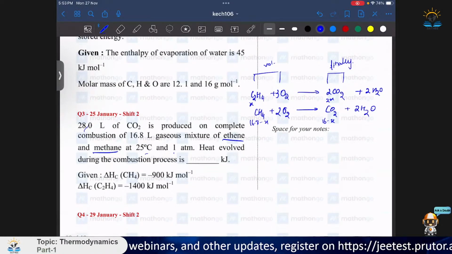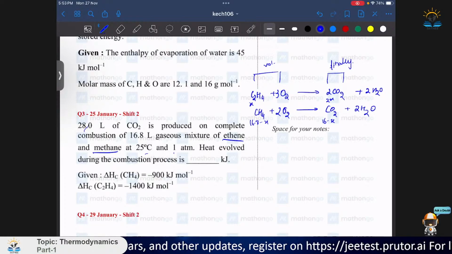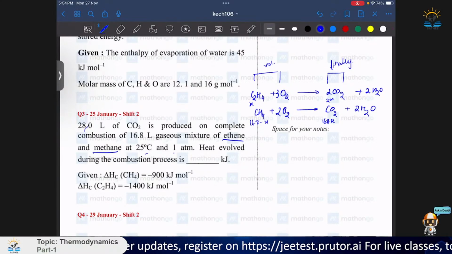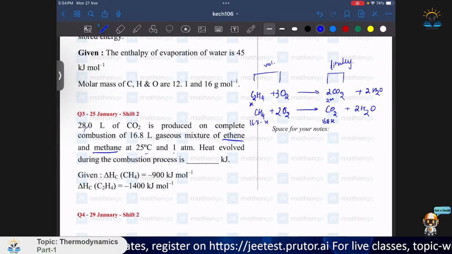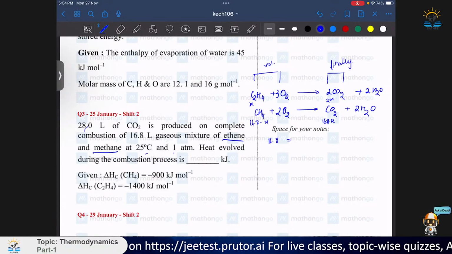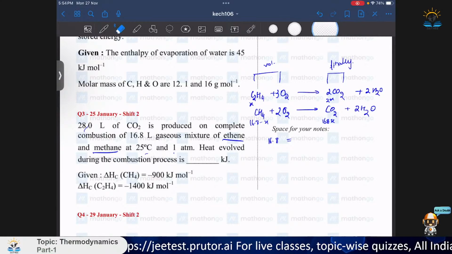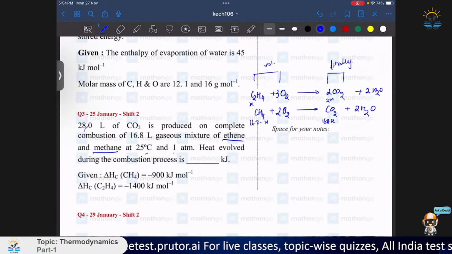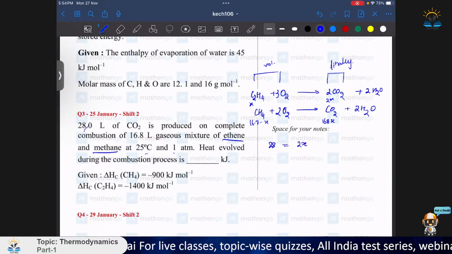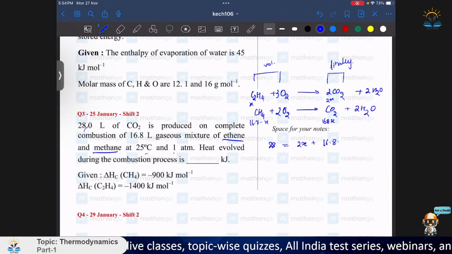Now we can see, if we add, the total amount of CO2 evolved is 28 liter, which is equal to 2x plus 16.8 minus x.